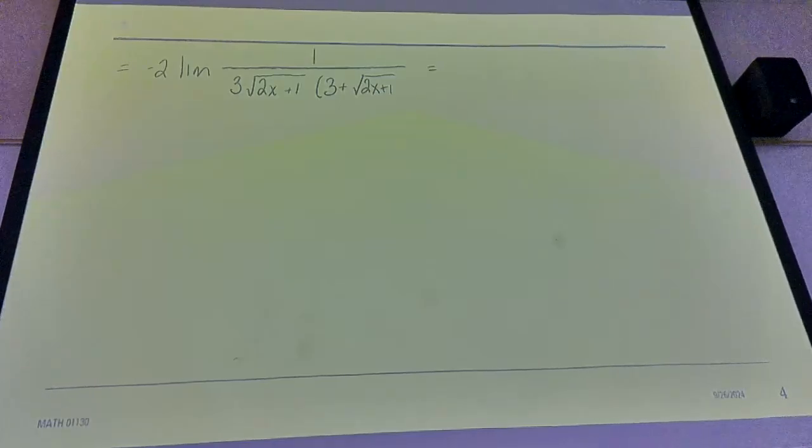What is that limit? What is it? 1 over what? Negative 2 over 54. So your limit was 1 over 54, right?